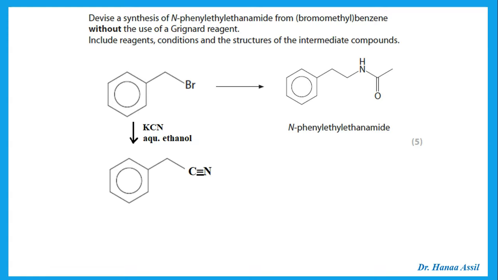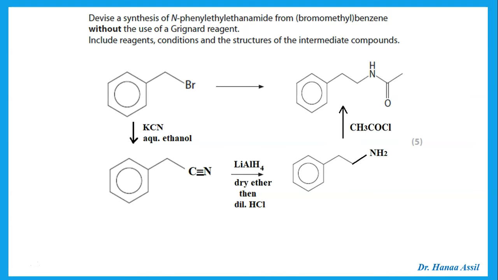So this compound we're starting with, KCN in aqueous ethanol, it gives the nitrile, and then lithium aluminium hydride in dry ether will give an amine there. If I react that with ethanoyl chloride, it gives my required product.